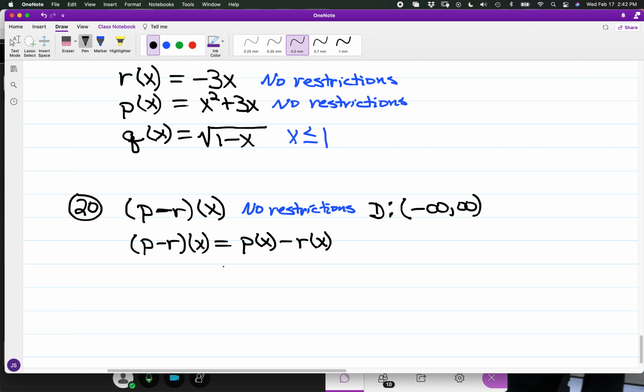And so I'll just work down. P of x I have as x squared plus 3x. And minus R of x I have the subtraction of negative 3x. So I have x squared plus 3x, and the subtraction of negative 3x, we have another plus 3x.